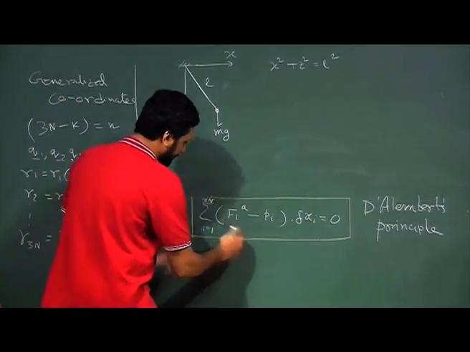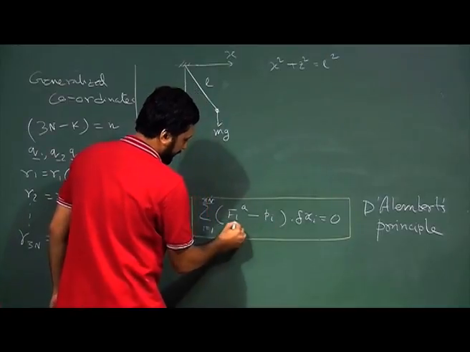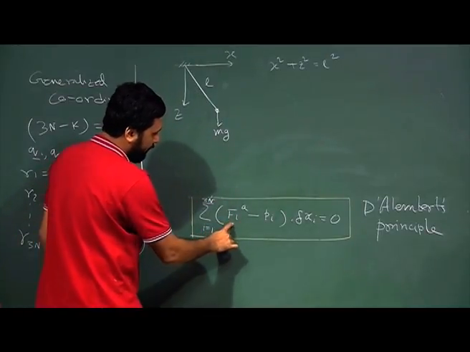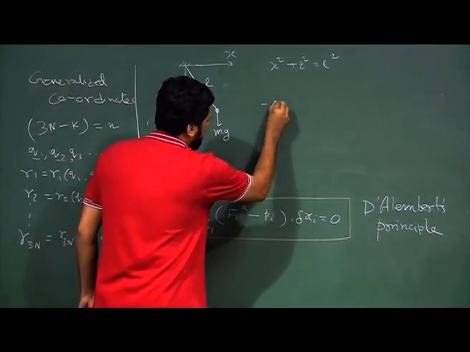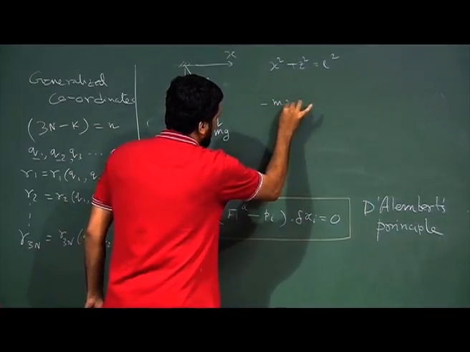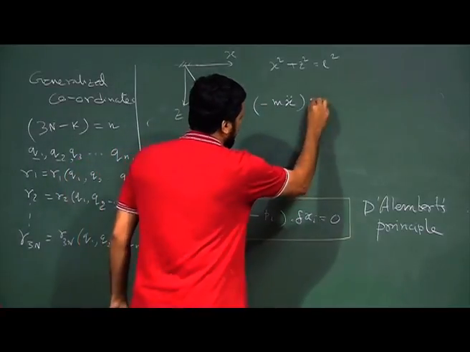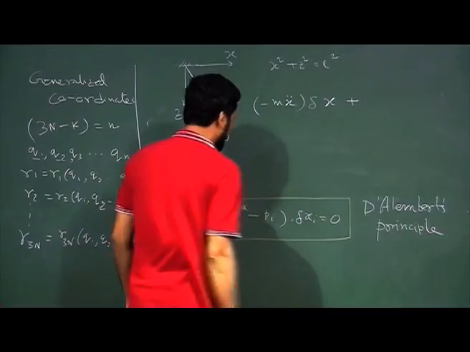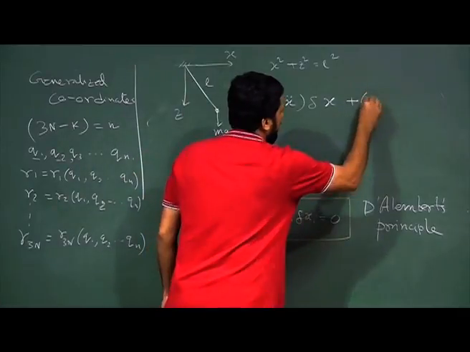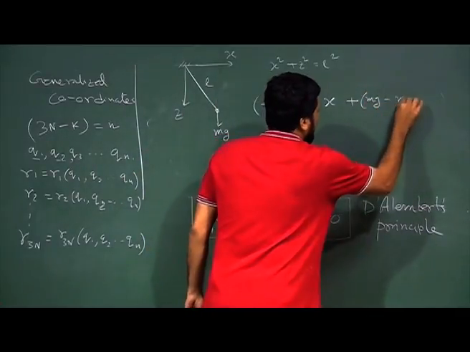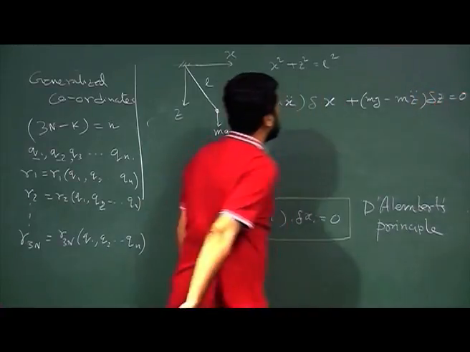So, we can write D'Alembert's principle like this. For the x component, the applied force along x is equal to 0, so we write minus m x double dot delta x, plus for the z component, mg minus m z double dot delta z, which is equal to 0.